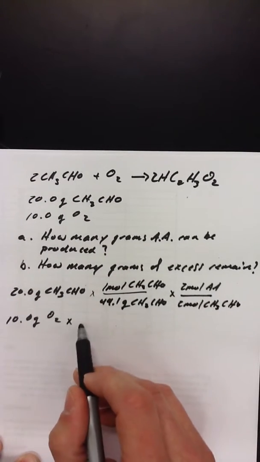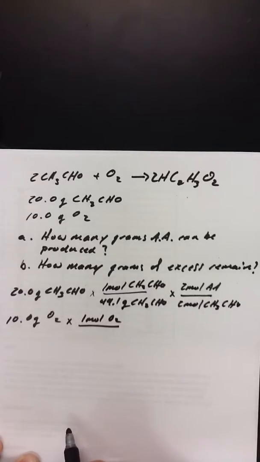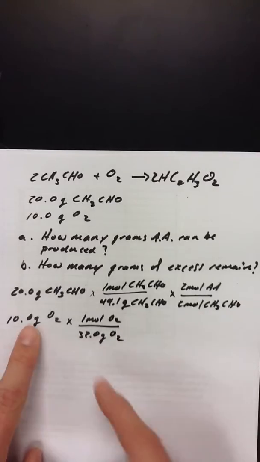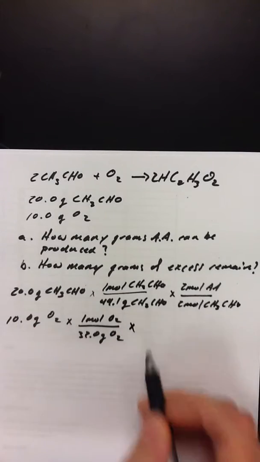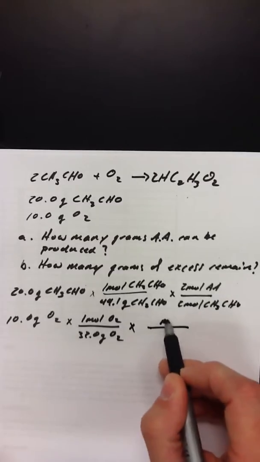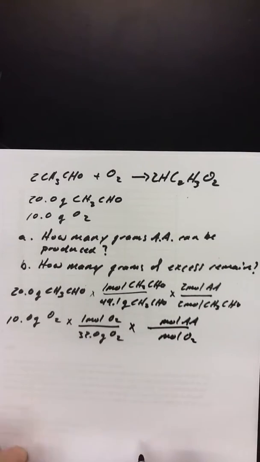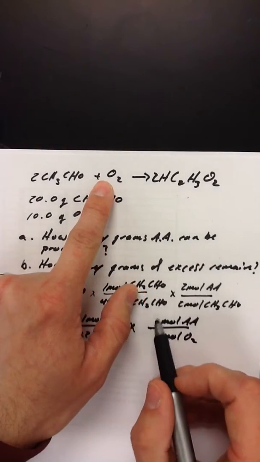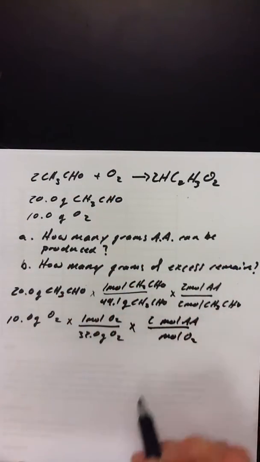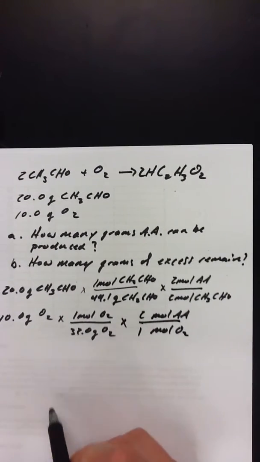Convert from grams of oxygen into moles of oxygen, so 1 mole of O2 weighs approximately 32 grams. Again, these cancel and we'll be left with moles. Now we need to convert from moles of oxygen into moles of acetic acid. We set up our mole ratio, moles of acetic acid over moles of oxygen. Looking at the balanced reaction, 1 mole of oxygen is used to produce 2 moles of acetic acid. So 2 moles of acetic acid for every 1 mole.